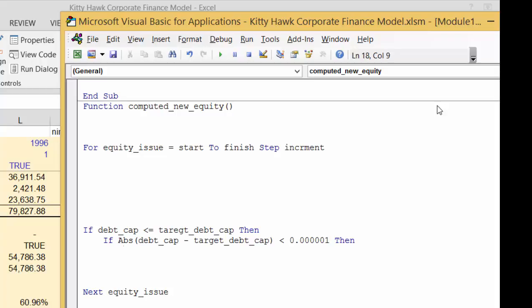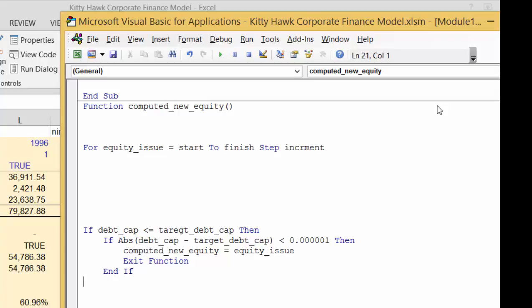Then computed new equity is equal to the equity issue. And then we exit the function. And then we put an end if. And this should be computed new equity.